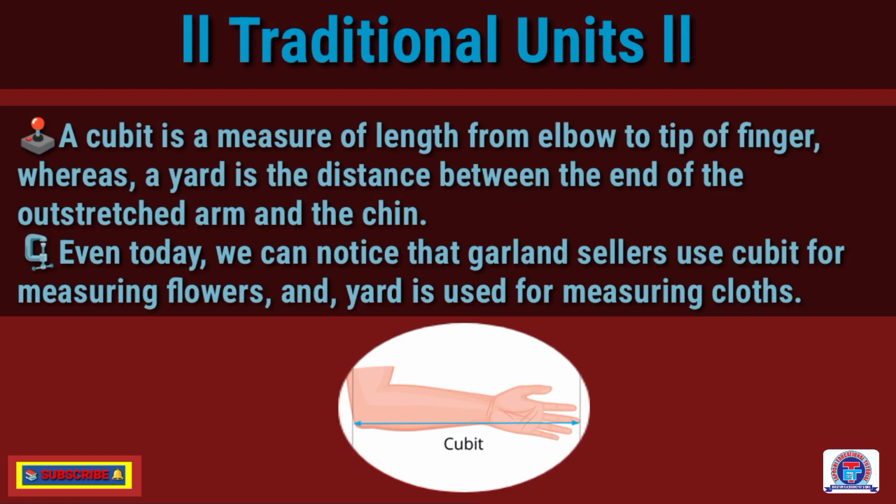A cubit is a measure of length from the elbow to the tip of the finger, whereas a yard is the distance between the end of the outstretched arms and the chin. Even today the garland sellers use the cubit for measuring flowers and the yard is used for measuring cloth.